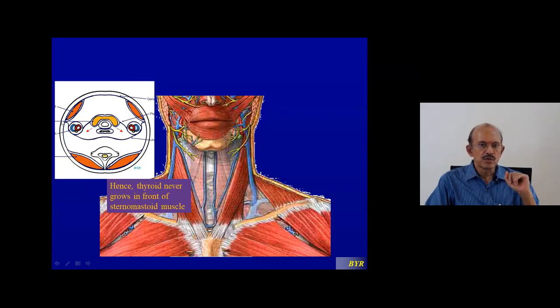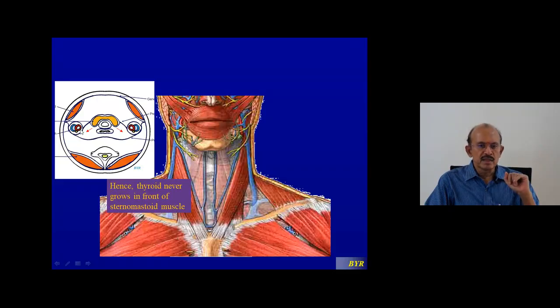It gives off two prolongations. One is the pretracheal fascia, the other is the prevertebral fascia. Both these prolongations occur at the posterior part of the sternomastoid muscle. Between these two prolongations lie the carotid vessels, jugular vein and vagus nerve.